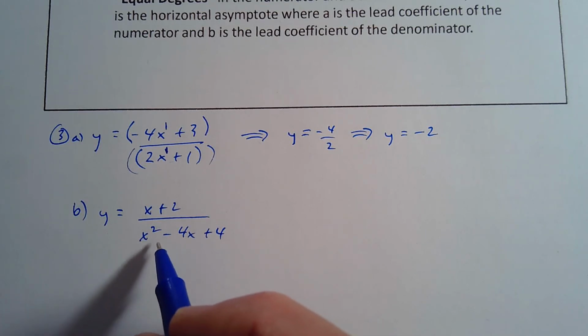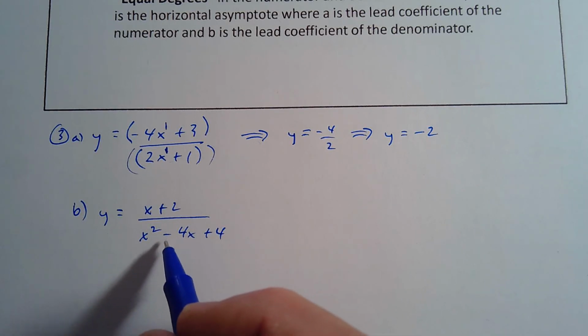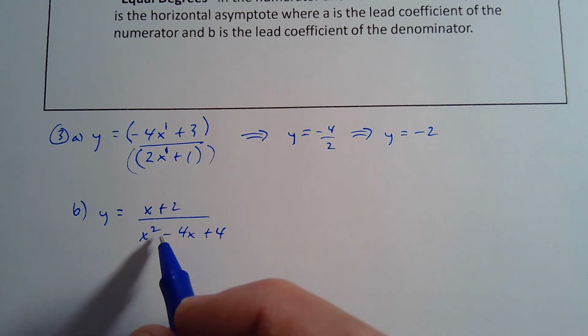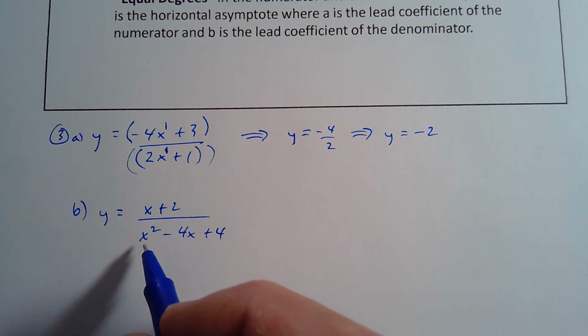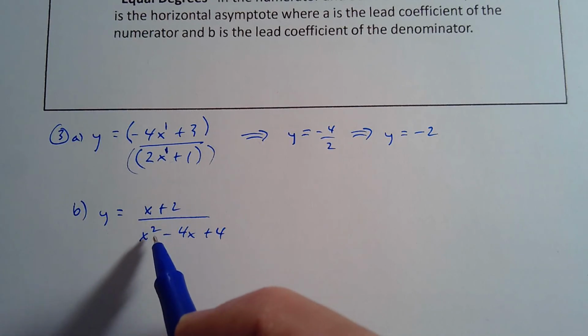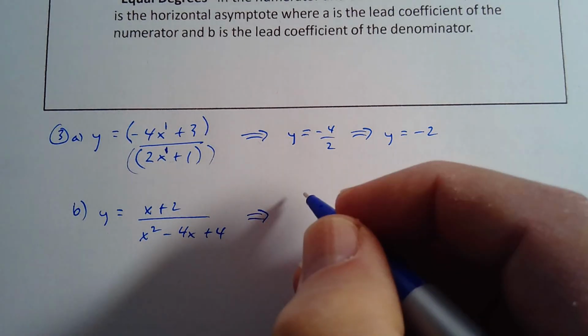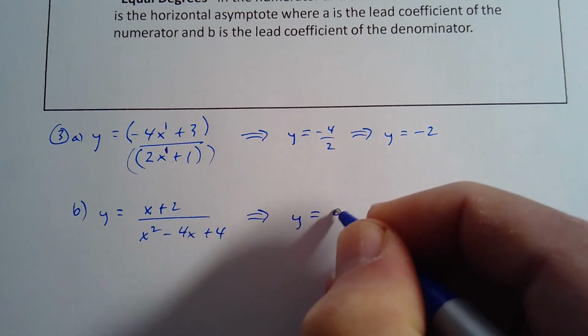This does factor into x minus 2, the quantity squared, so positive 2 would be a vertical asymptote, x equals positive 2. We're not doing that for this problem. We're just figuring out horizontal asymptotes for these problems. This is bottom heavy. It's degree 1 on the top, degree 2 on the bottom. So that means we've got y equals 0.